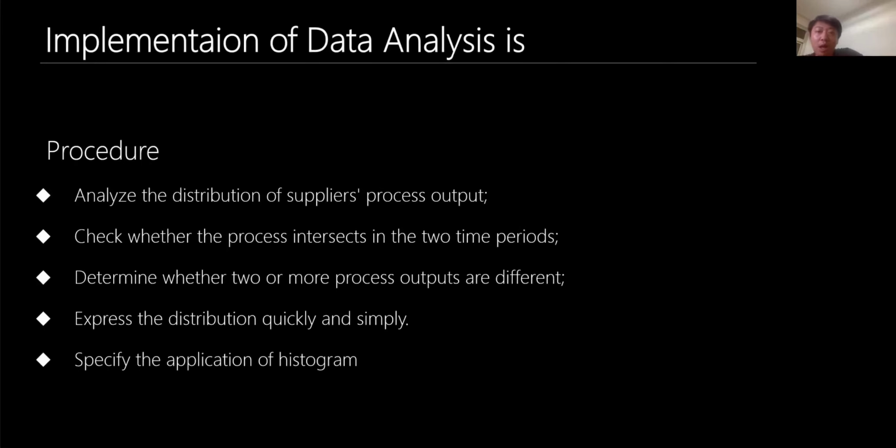And then after that, we can determine whether there are 2 or more process outputs which are different. In the next step, we can describe or try to make sense of whether the distribution comes quickly and simply. And lastly, we can specify the application of the histogram. Next page, please.